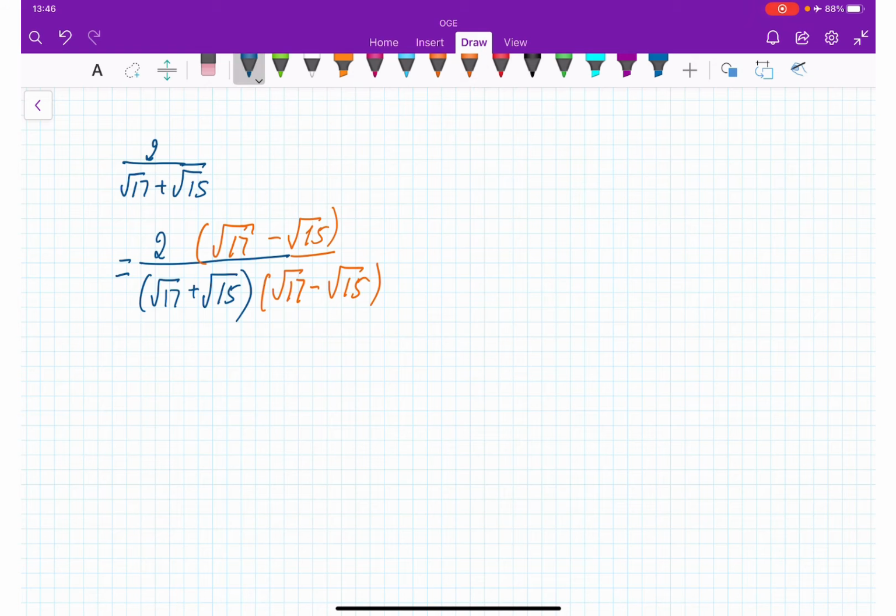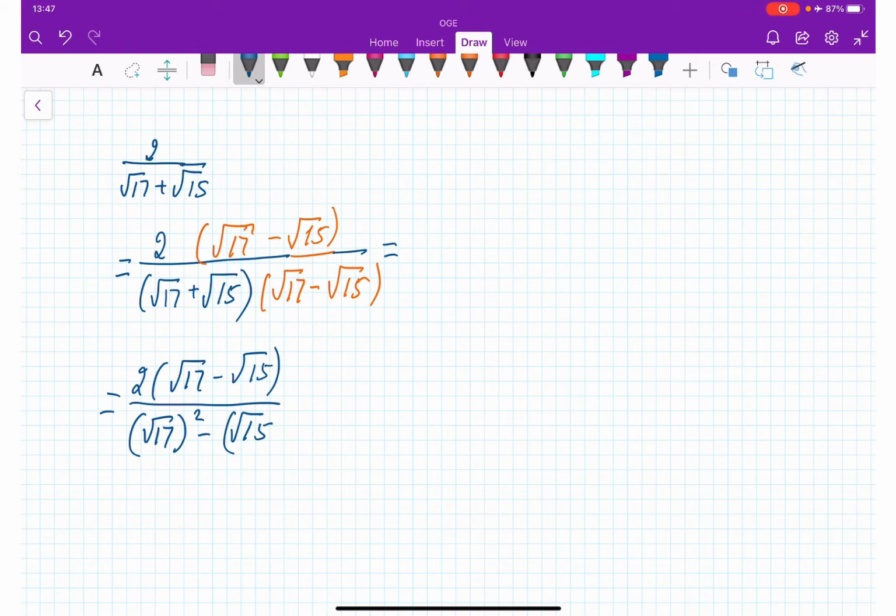From here, what do we get? We get twice square root 17 minus square root 15, and in the denominator square root 17 squared minus square root 15 squared, a squared minus b squared.